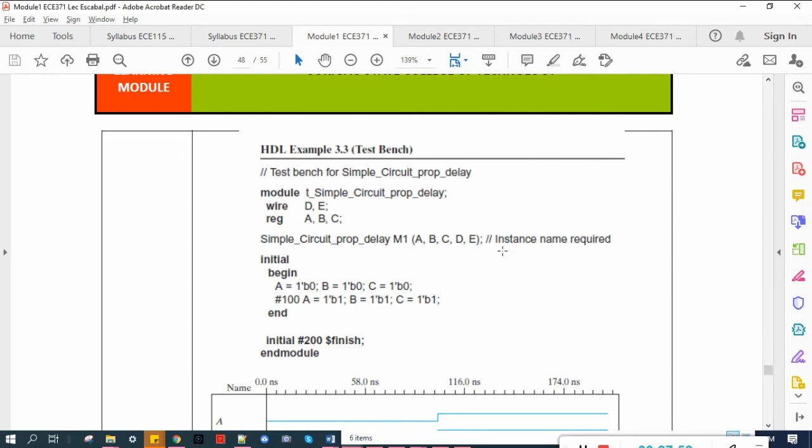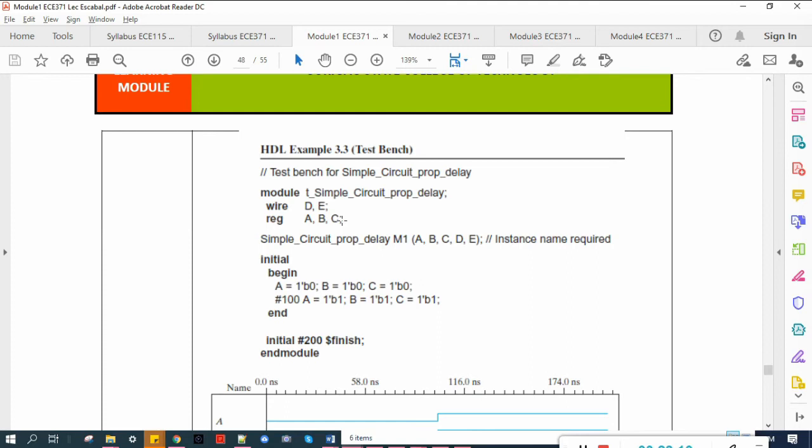Then we have instance name required. We added this comment, instance name required. Module and endmodule, we declared wires D, E and the registers A, B, C.